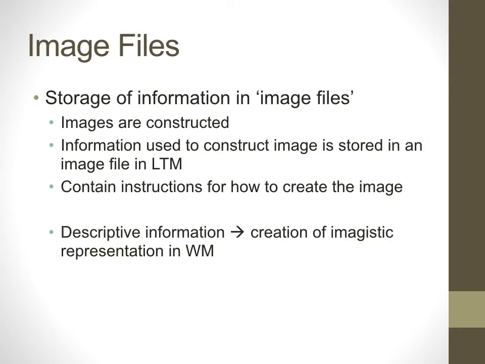But when we're imagining something, how exactly do we do this? Basically, in our long-term memory, we store image files, and each image file has the information that we need to create a mental image. So it has information about creating the frame, and then how to elaborate on the frame, and how to make it more detailed if we desire.